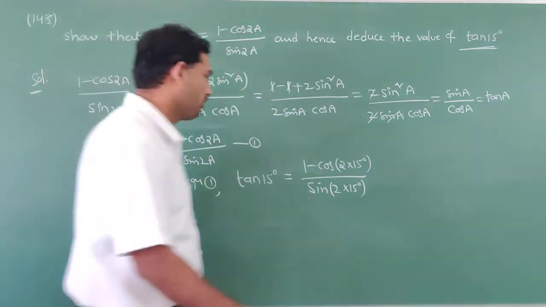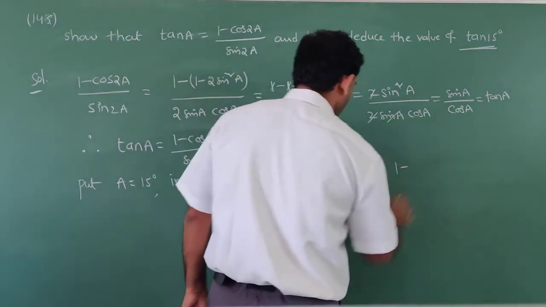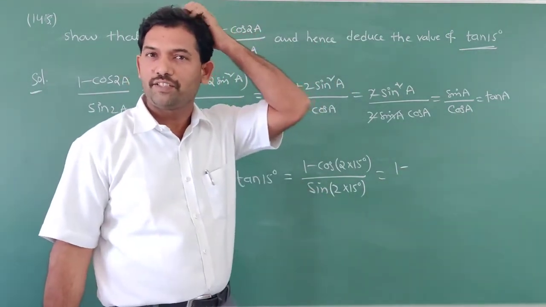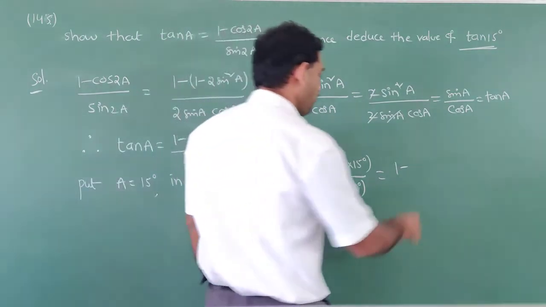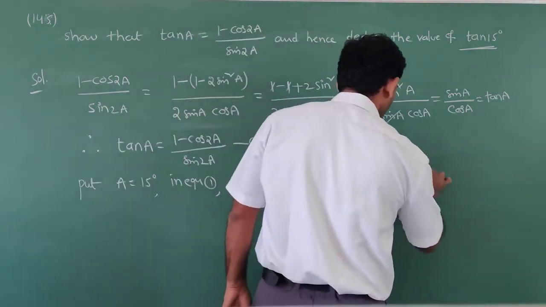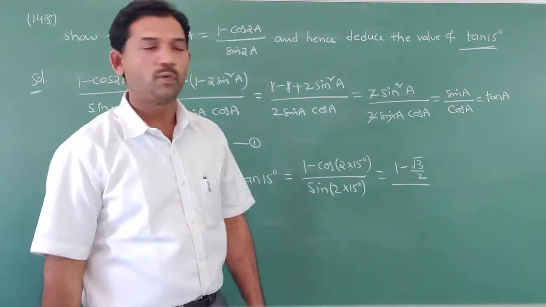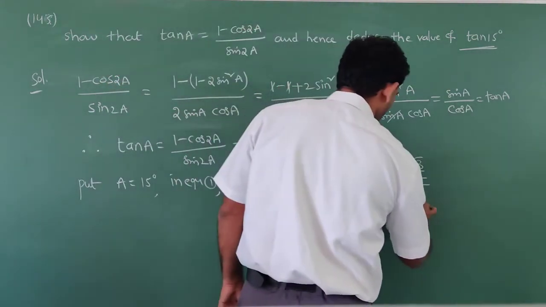Understand? Now 1 minus cos 30 degrees. Cos 30 degrees value how much? Root 3 by 2, divided by sin 30 degrees value 1 by 2.